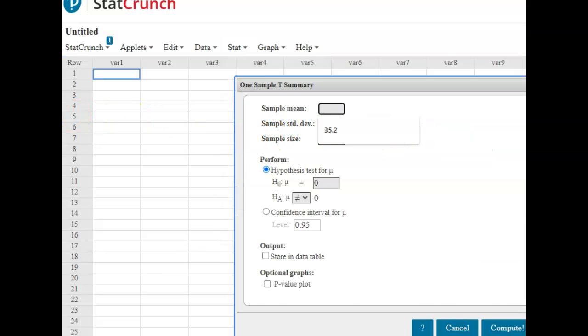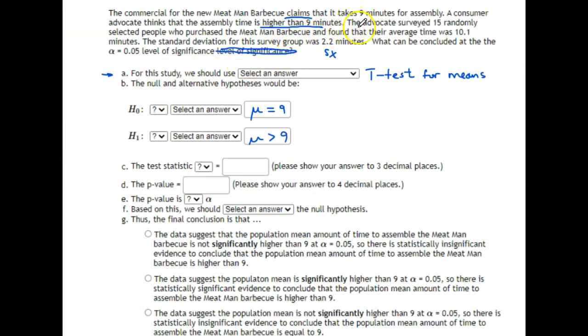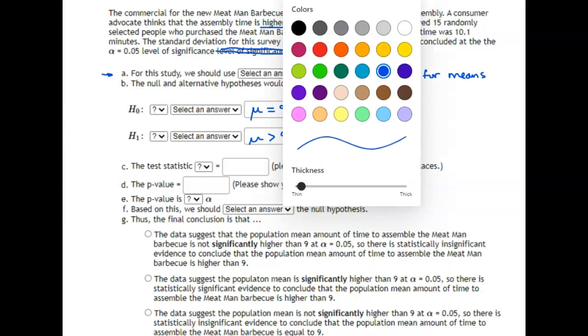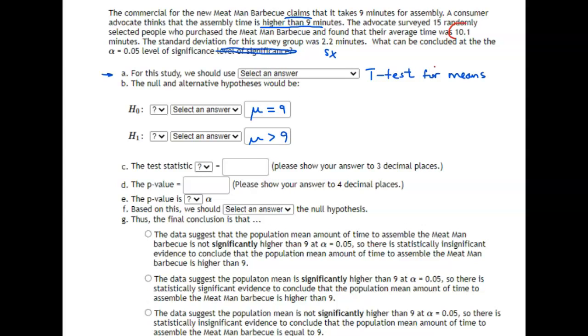We need the sample mean, which is given as 10.1. So this is the sample: 10.1 is the mean, 2.2 is the standard deviation, and n is 15.